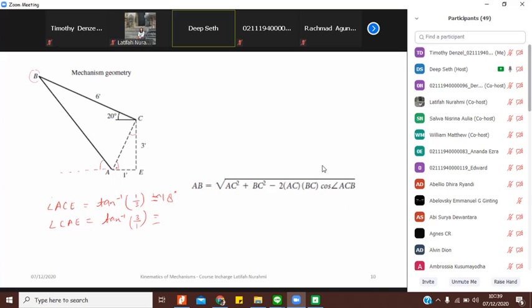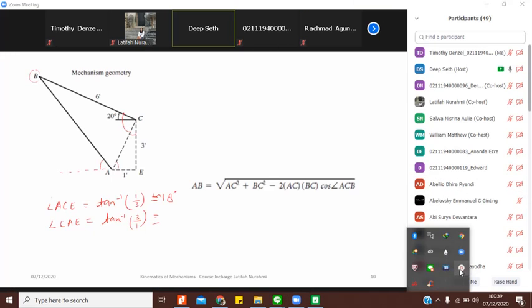We will take this triangle in which, because this is not totally perpendicular, we can take AC square plus BC square minus 2 AC BC cos of angle ACB, this angle.